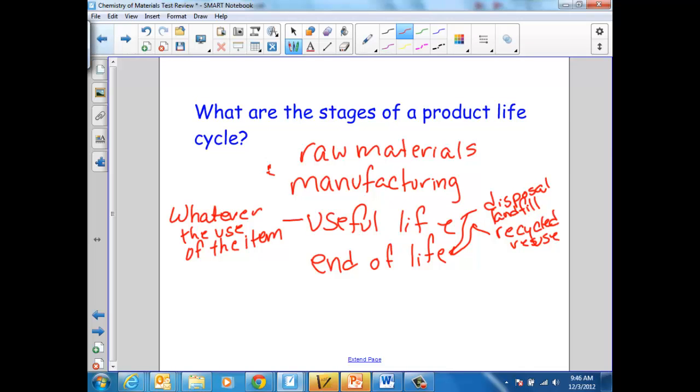All right. So one question I have for you related to this is, do all the stages of the life cycle involve waste, or have an impact on the environment? Yes. Absolutely.